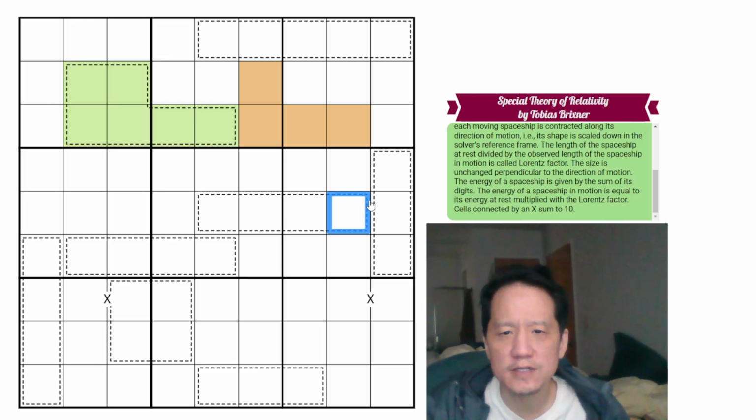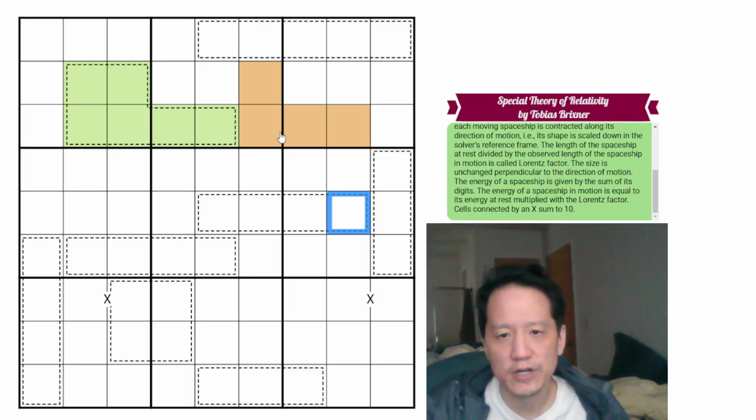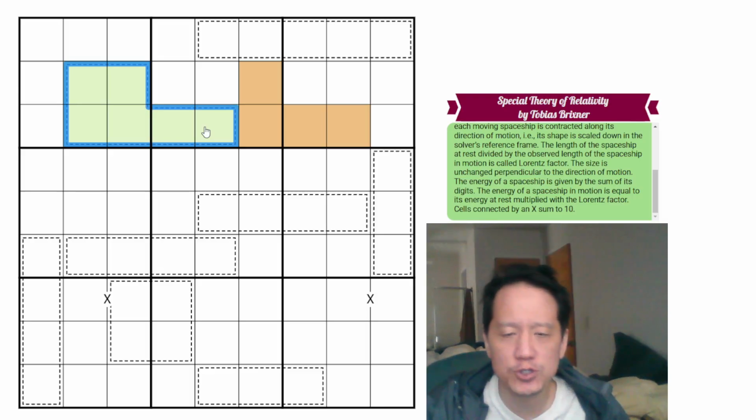The size is unchanged perpendicular to the direction of motion. The energy of a spaceship in motion is equal to its energy at rest, which is the sum of its digits, multiplied with the Lorentz factor.